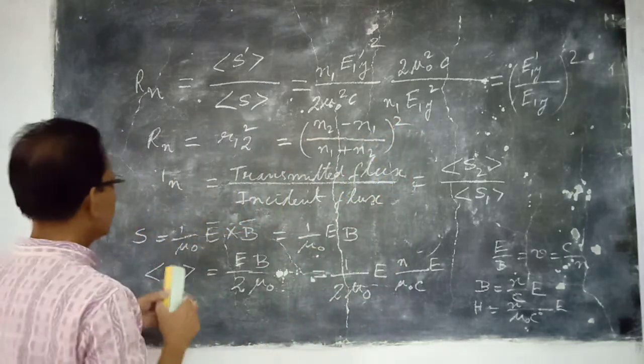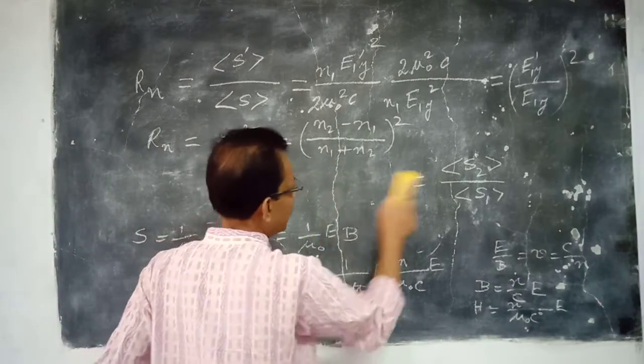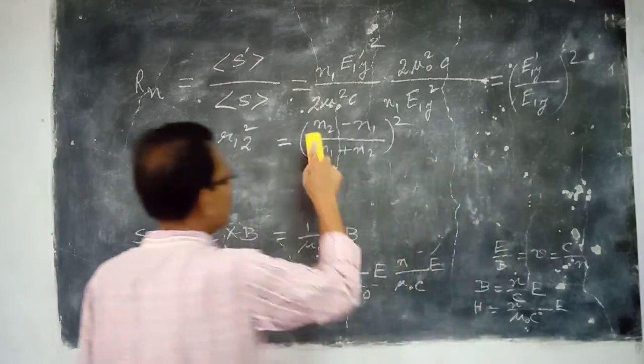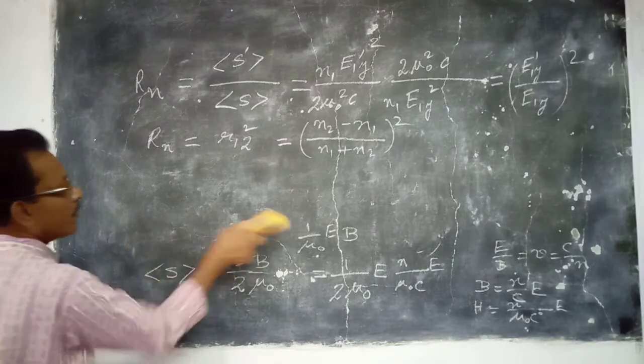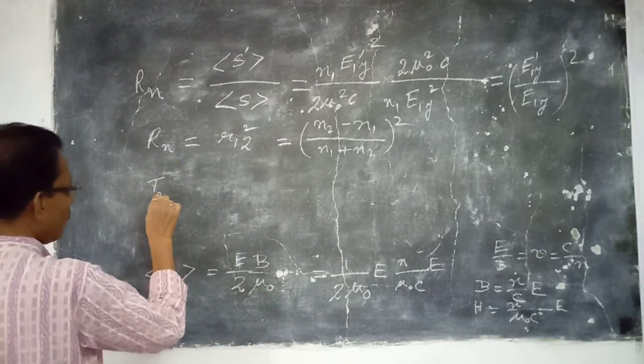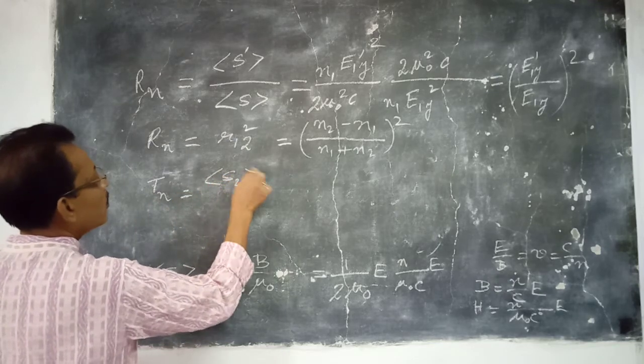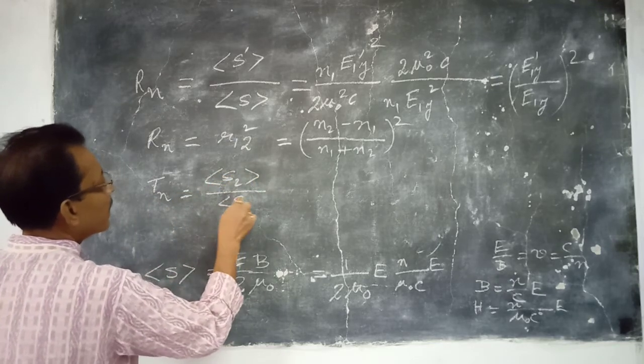This is the reflecting power. This much power is reflected, in terms of the refractive indices. Similarly, the transmitting power Tn is S2 by S1.